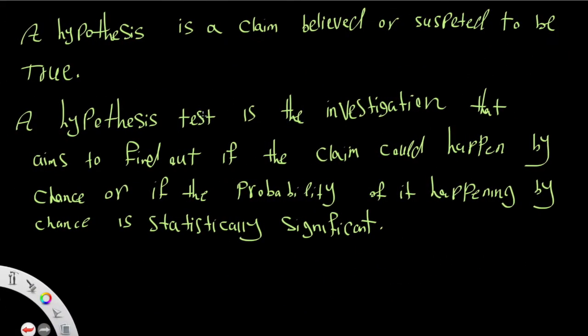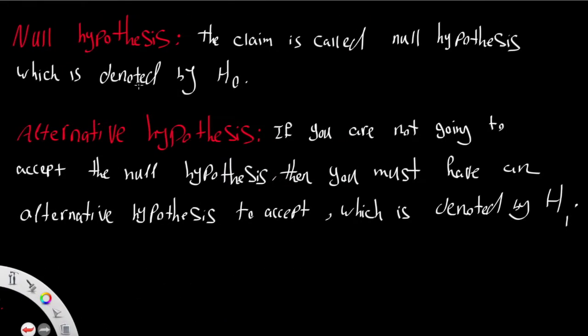Now in this part we are going to learn some definitions that we are frequently using in this topic. First, a hypothesis is a claim believed or suspected to be true. Then a hypothesis test is the investigation that aims to find out if the claim could happen by chance, or if the probability of this claim happening by chance is statistically significant or not. Next definition, null hypothesis. The claim is called the null hypothesis, which is denoted by H0.